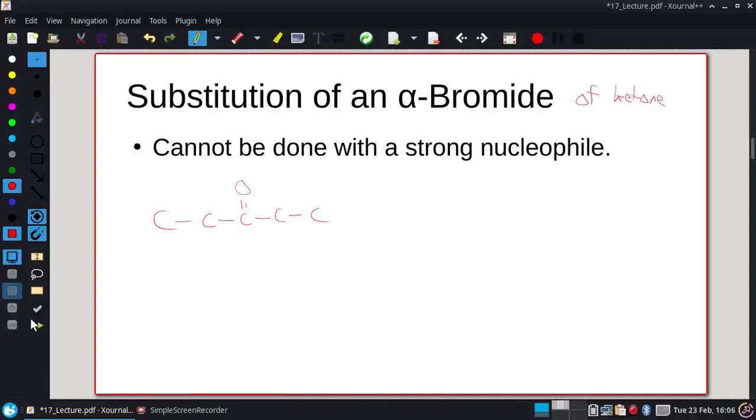So I want more locations on here, and that stops it. But if I tried to swap out a bromine with something else, like what we did previously with OH, instead of doing an SN2, it's going to come along here and pull off an H from this position. The reason is that if we pull that off, allowing those electrons to come down here, we can easily kick off a bromine, and we end up with a conjugated system.